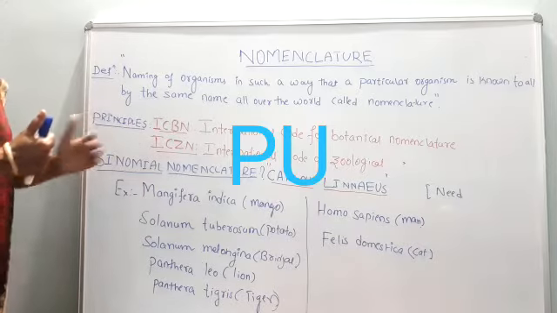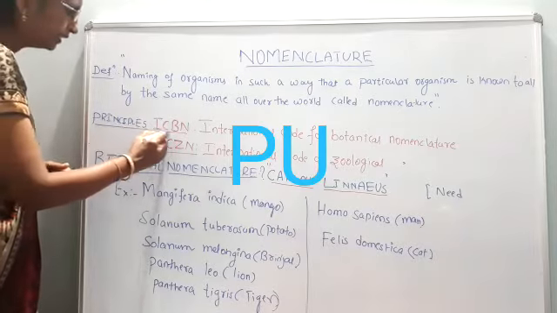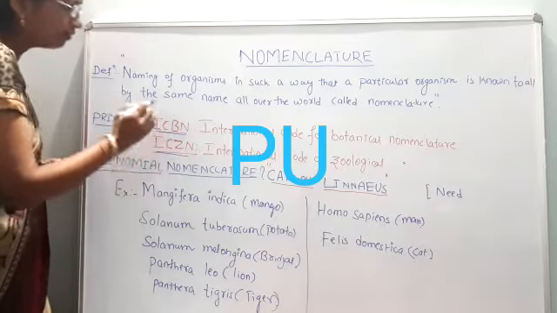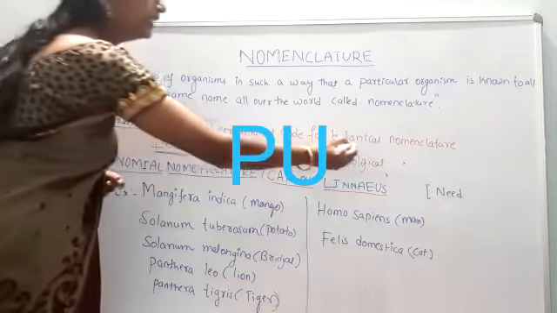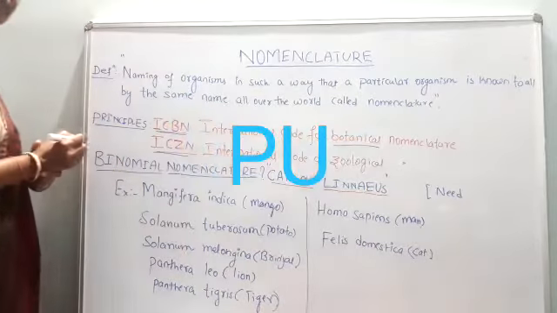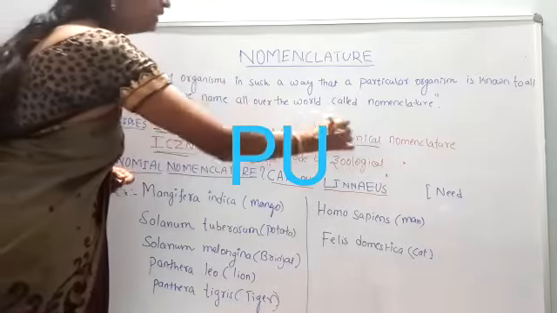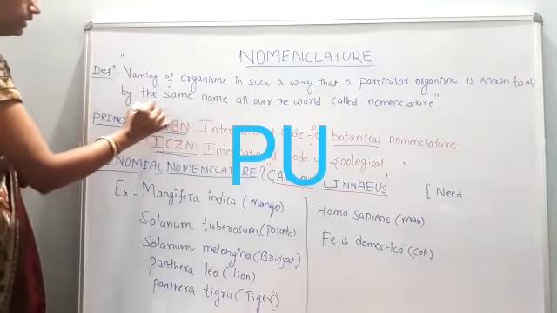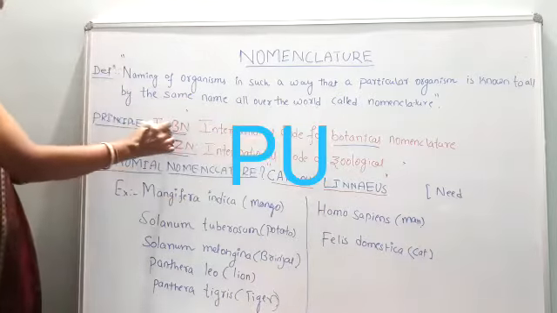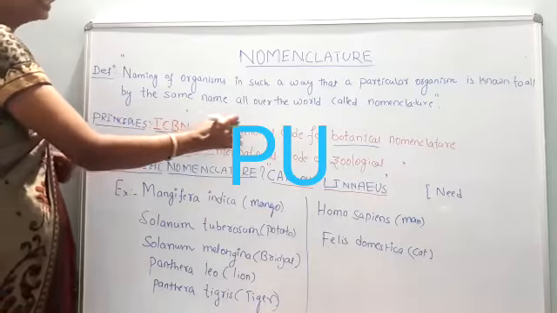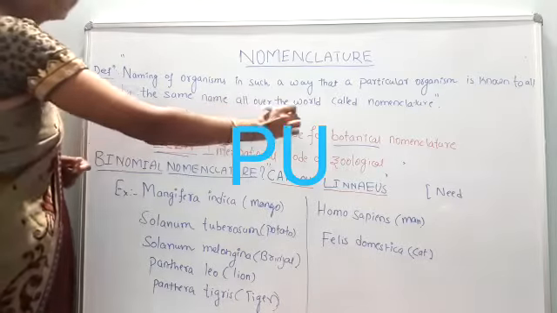As you can see here, ICBN and ICZN. ICBN is the abbreviated form of the International Code for Botanical Nomenclature. Botanical nomenclature means only plants are named. Only plants are given the scientific name.